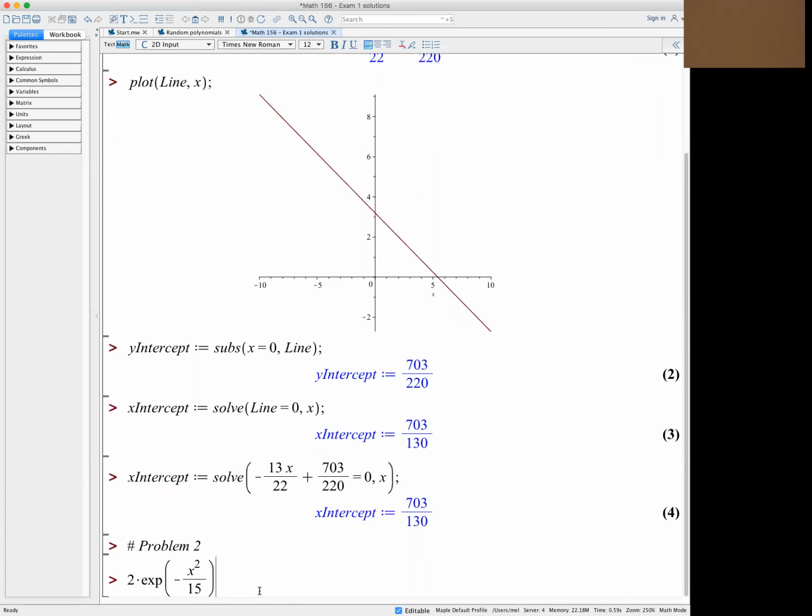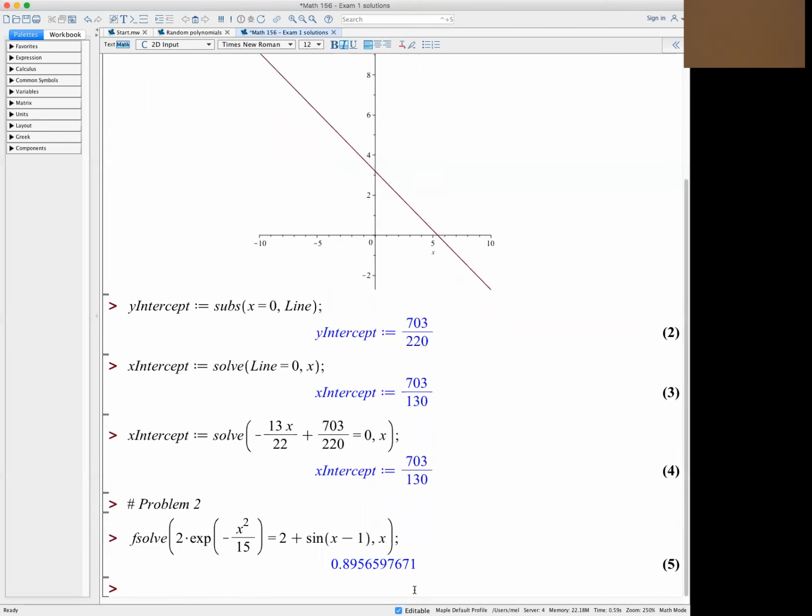And we want to know when that's equal to 2 plus the sine of x minus 1. So we want to solve this equation for x, and we'll use fsolve because there won't be an explicit solution. So Maple gives us one answer.